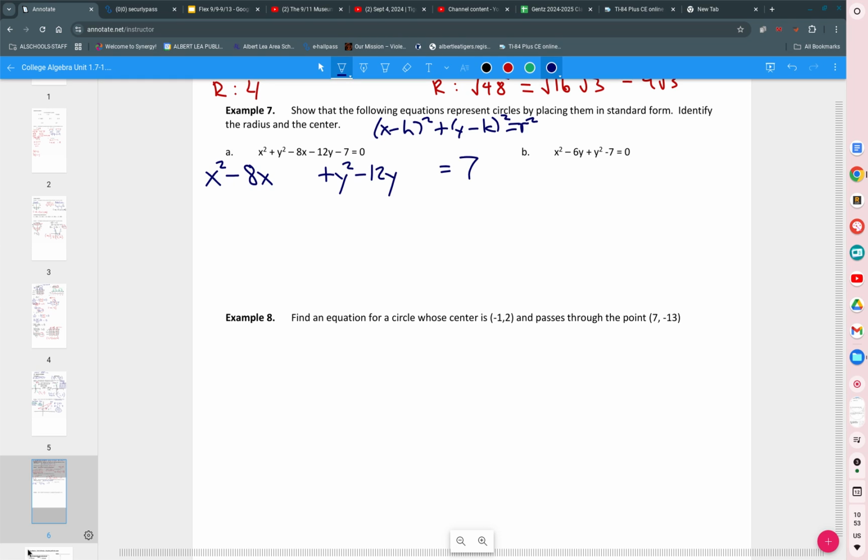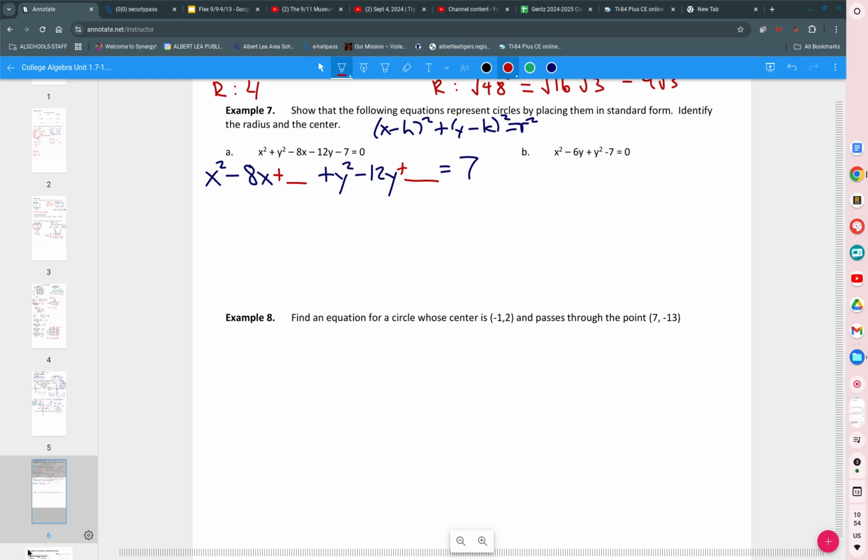And I'm going to put that number, -7, added over to the other side. So I maintained balance in my equation, but the question is, what is it that I add to complete the square? Talk to the person next to you. What 2 numbers do you add to complete the squares in those situations? Come up with it. Go.